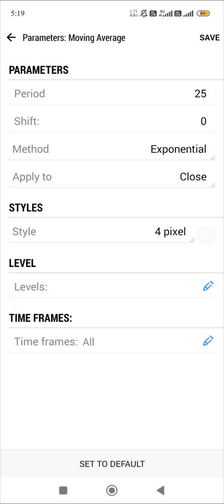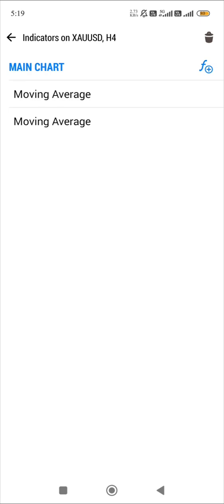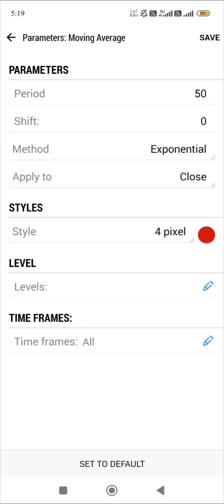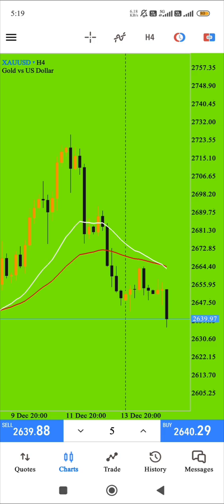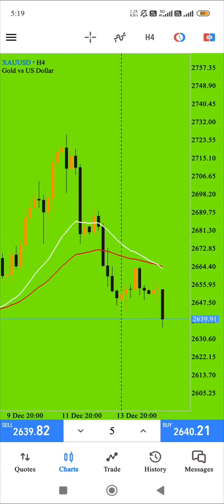White is the 25 and red is the 50. Okay, now it is properly understood: the white moving average is 25 and the red moving average is 50.